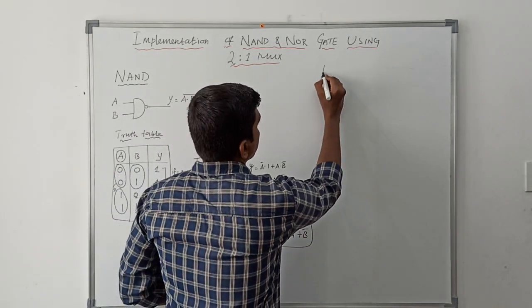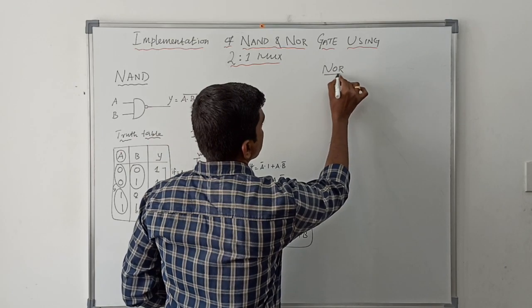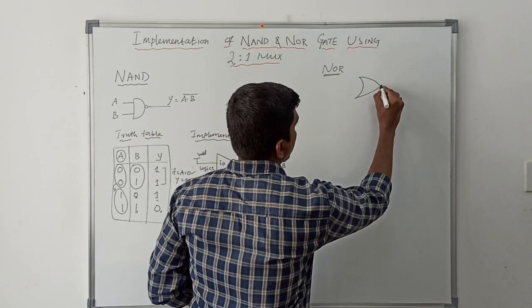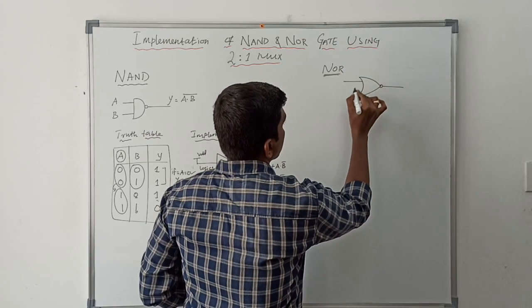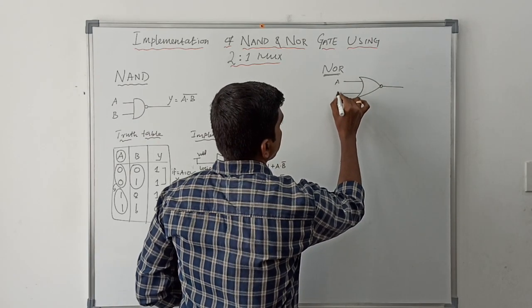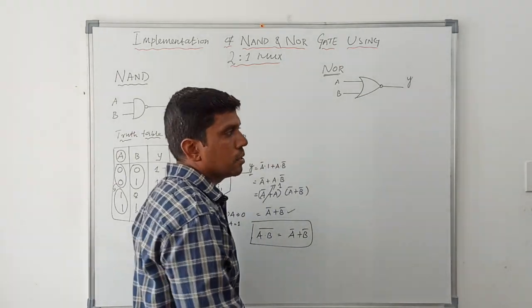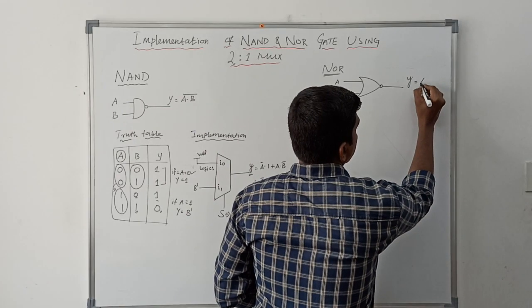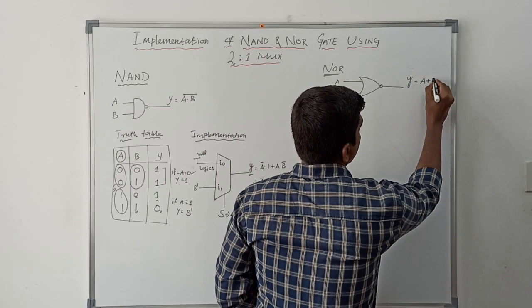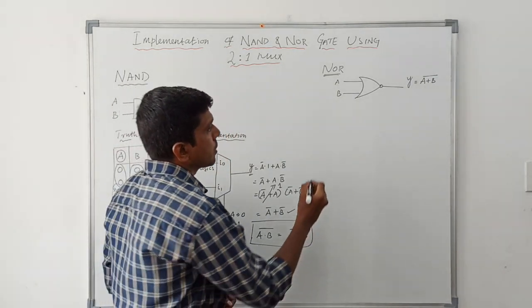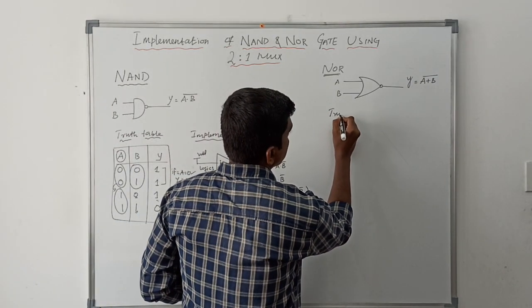Then come to the NOR gate. First I draw the symbol. It's a 2-input NOR gate. Inputs are A and B, and Y is the output variable. The corresponding Boolean expression is A plus B the whole bar. Then the truth table.